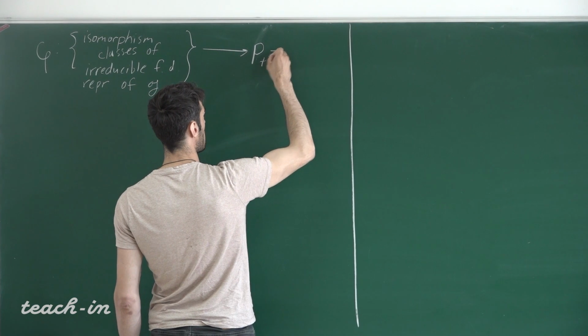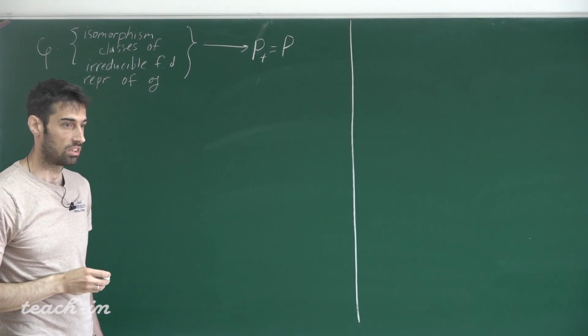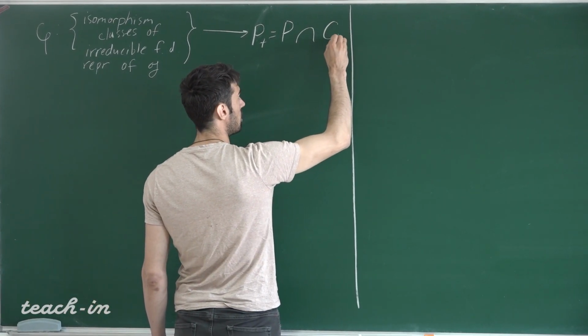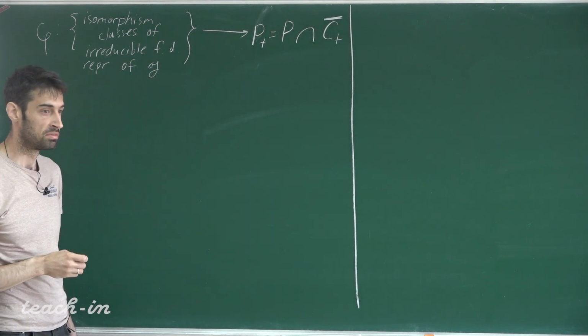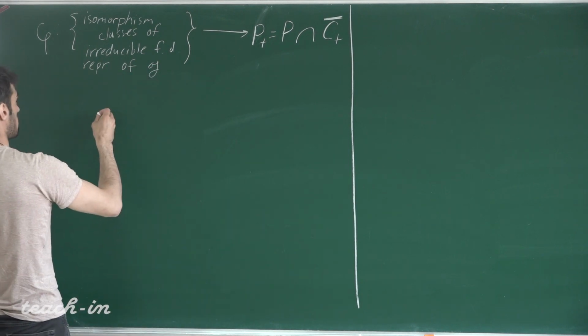It's an intersection of the weight lattice and the closure of the positive Weyl chamber. And the construction was like that.